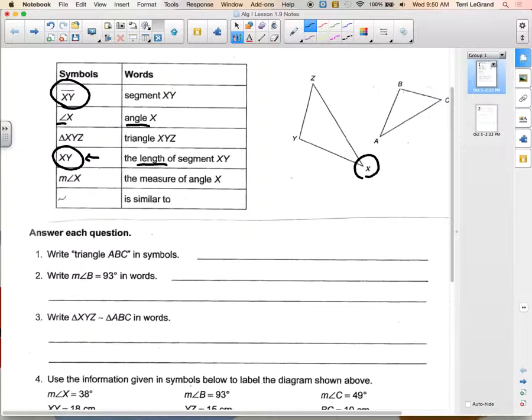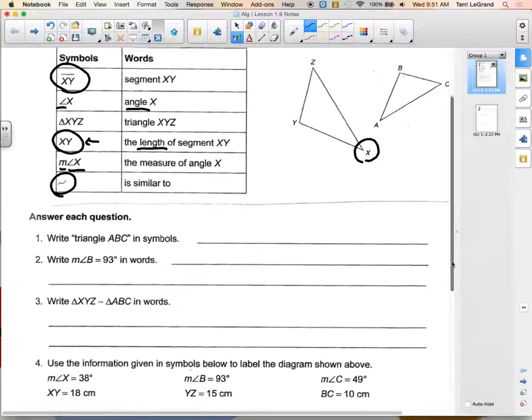When we put a little m in front of our angle, they're asking you to give the measure of that angle. And then our little squiggly right here stands for "is similar to." So we want to make sure that we have an understanding of that symbolism. You don't say to me, Mrs. LeGrand, what does this mean? This is like another language. Yeah, it's a mathematical language that we have to make sure we understand.